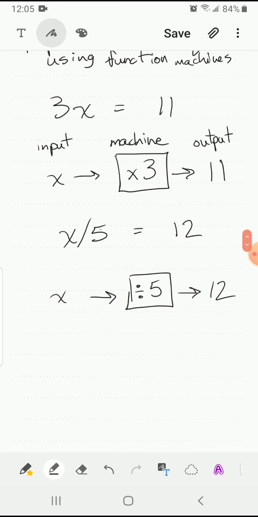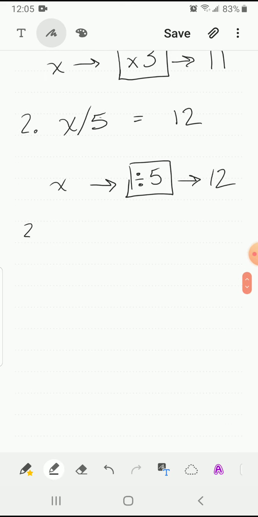Next, another example. So call this number 1, number 2. Okay, let's look at example 3. What if we had something like x + 2 = 1.3?